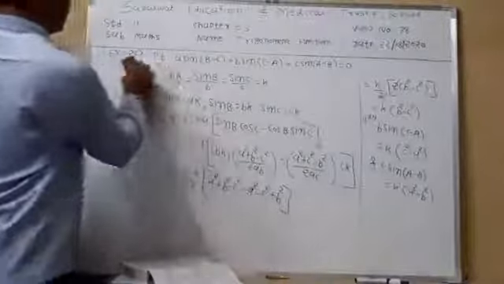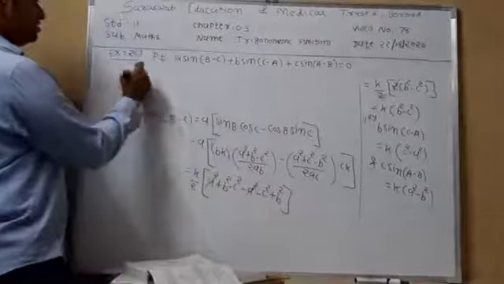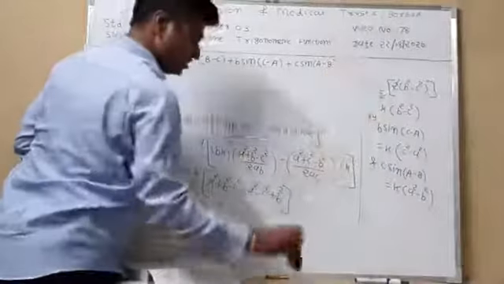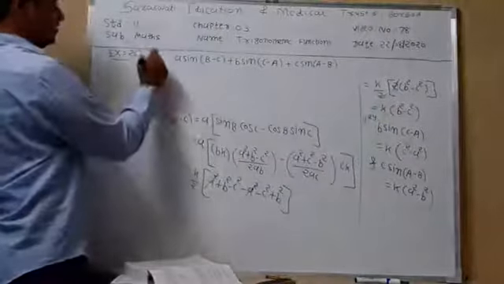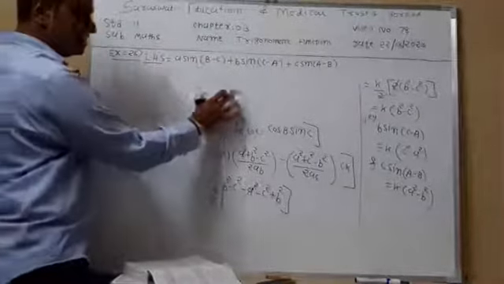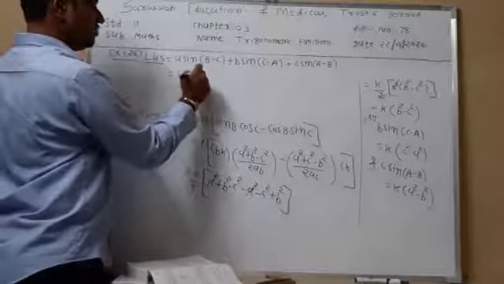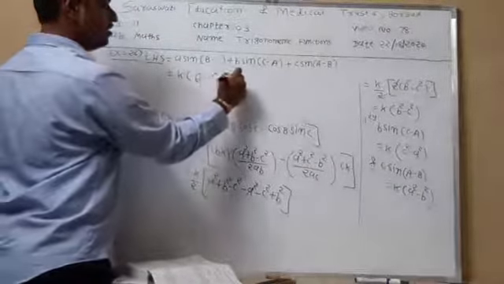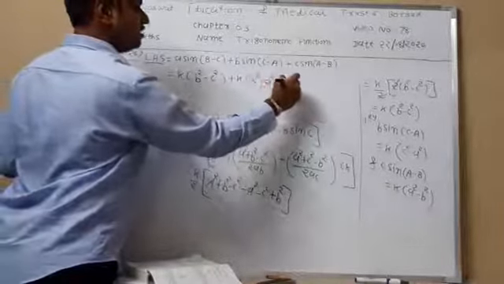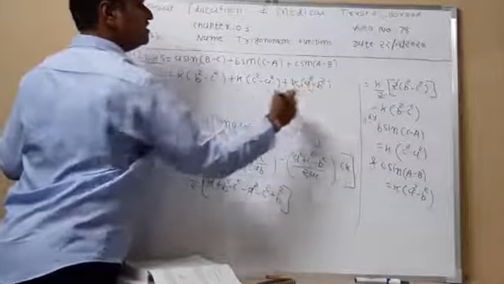Now substitute all these values in the LHS side, which we have to show is 0. So in the LHS, a sin(b minus c) is replaced by k into (b square minus c square), plus k into (c square minus a square), plus k into (a square minus b square).